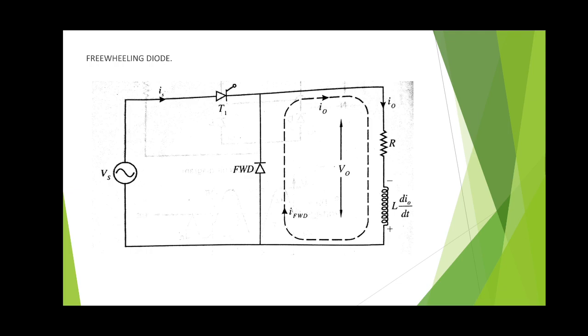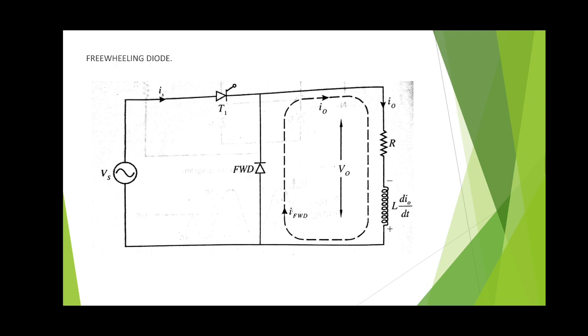The inductor opposes sudden variation in current. We know the property of the inductor is that it opposes the rate of change of current. So the inductor opposes sudden variation in the current flowing through it and generates a voltage with the polarity shown in the diagram.